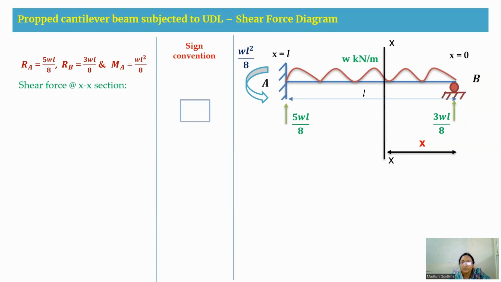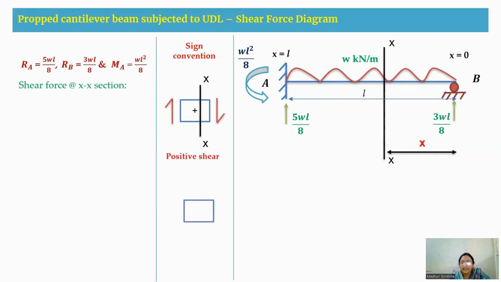When we take an element at any section of a beam, and you cut a section of this element, if towards your left hand side the arrow is upward, and towards your right hand side the arrow is downward, that means towards the section you are having a clockwise shear from either the left hand side or the right hand side, then the sign convention will be a positive one, that is your positive shear.